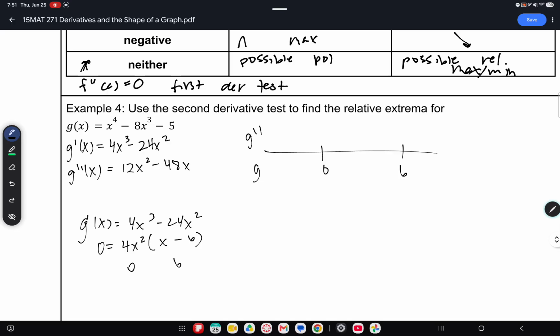And then I'm going to plug this into the second derivative. So if I plug in 0, I get 0, which still can't be determined with that second derivative.